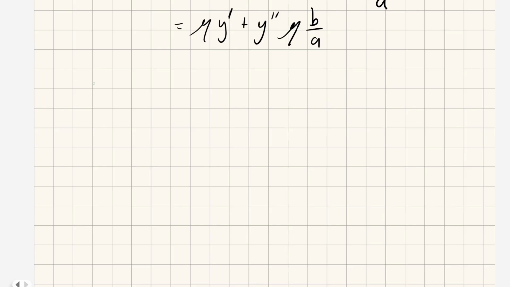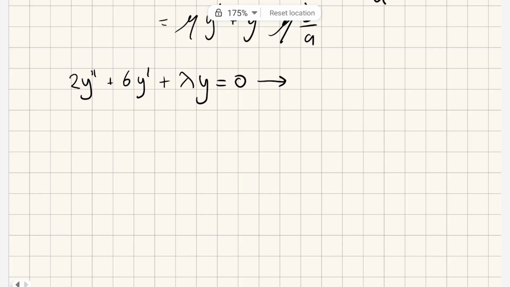We are going to work with the differential equation 2y double prime plus 6y prime plus lambda y equals 0. You can see that it is a very easy differential equation, but this is just to exemplify how to use this method. Well, the first thing we do is to divide by the function that is the coefficient of the y double prime.